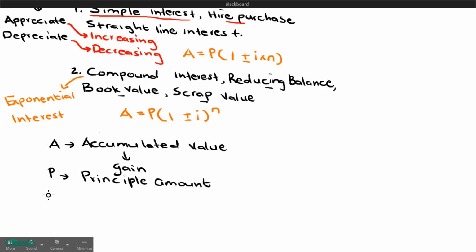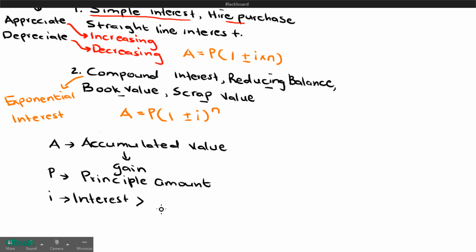Now from there, we have i. 1 is 1. We can't talk about 1. 1 is a number, therefore it's not a variable. i is our interest. Now, this i has got a sub-formula in it.